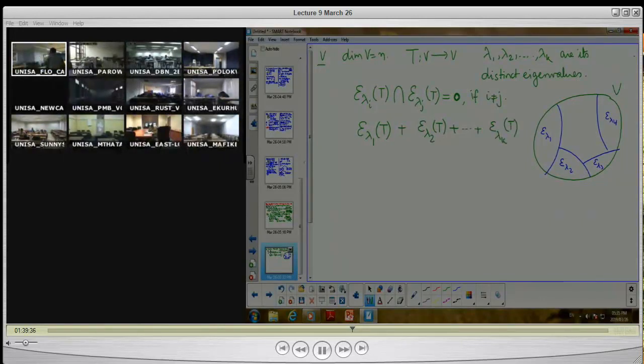Right? But this is a subspace of V. Yeah? The question is, is this same as V? So this is the real question. Yeah? This is the real question.